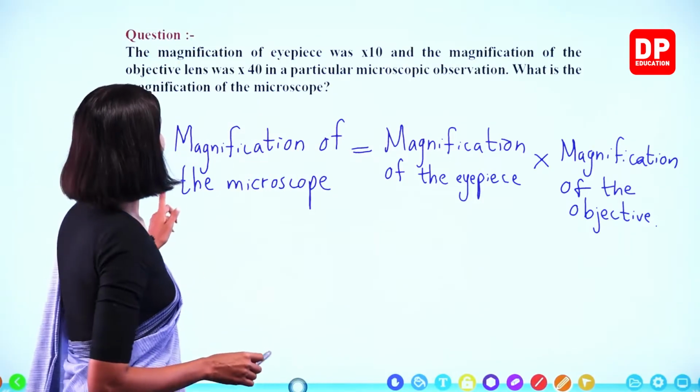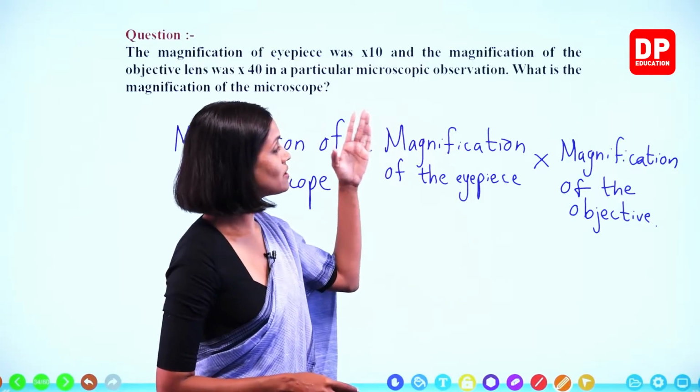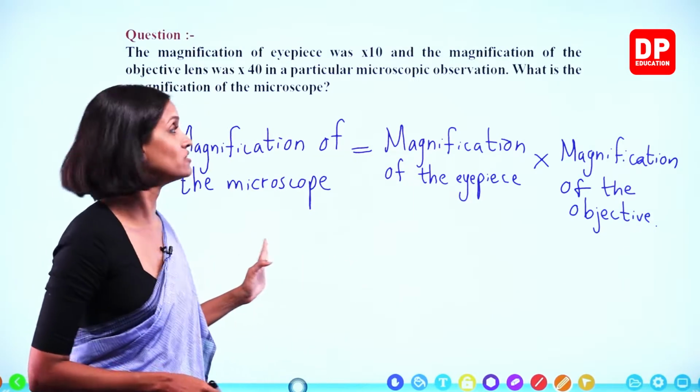Right? Magnification of the microscope equals the magnification of the eyepiece into the magnification of the objective, right?